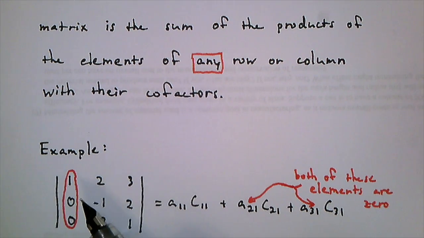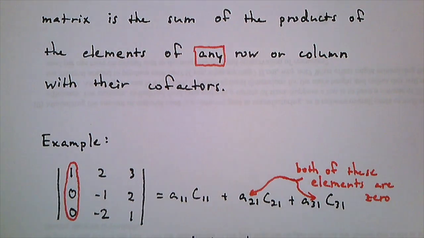But what's nice about using the first column is that this element, A21, is actually 0, and so is A31. So if we have a 0 here and another 0 here, that means that neither of these two terms is going to contribute anything to our determinant. That means we don't have to worry about them, we don't have to write out the cofactors, we don't have to do any 2 by 2 determinants. It makes things much simpler.